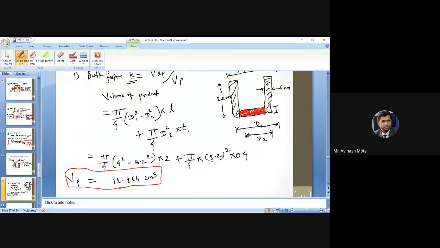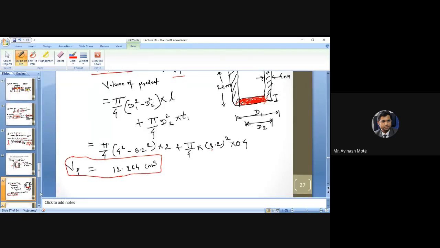Now the second part. Bulk factor we know, volume of product we know. Now we can easily calculate volume of loose powder. Capital K is equal to volume of loose powder divided by volume of product.